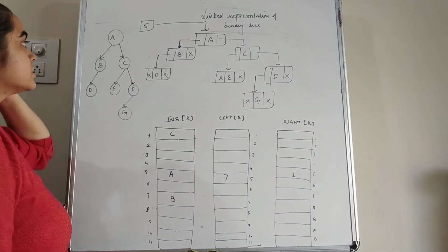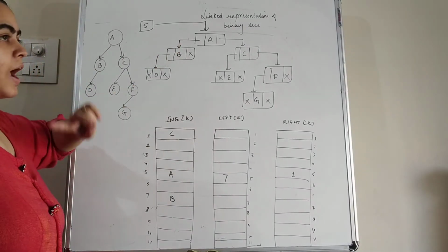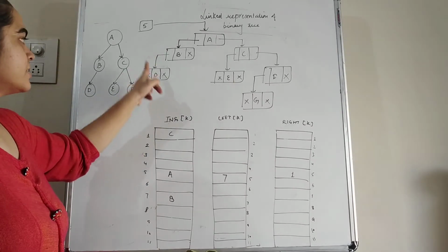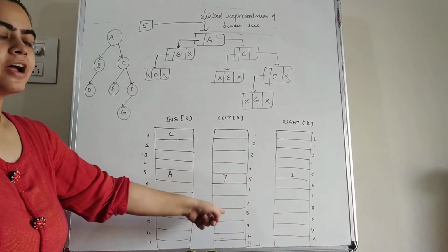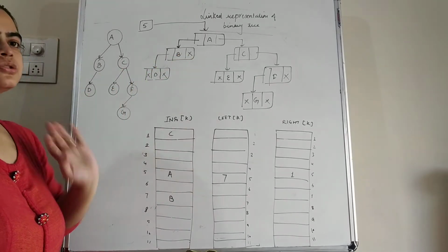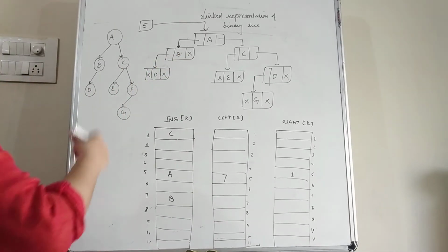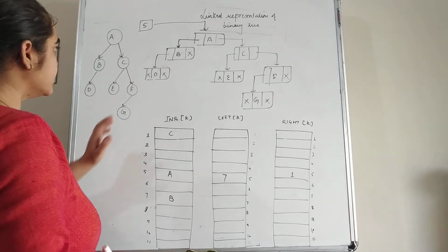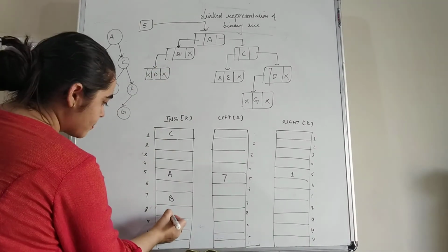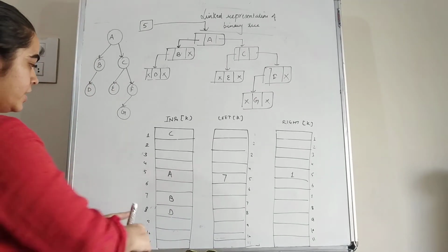Now for B we have to update the address on the left side, so we update only the left array, but there is no need to update the right array because there is no right child for B. For B you can see there is only D. Suppose D is stored at memory location 8.